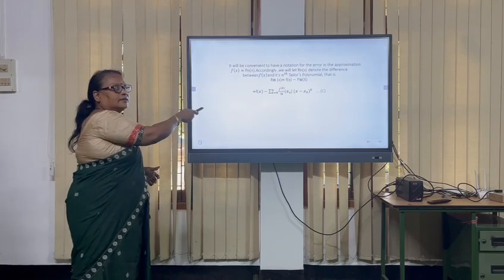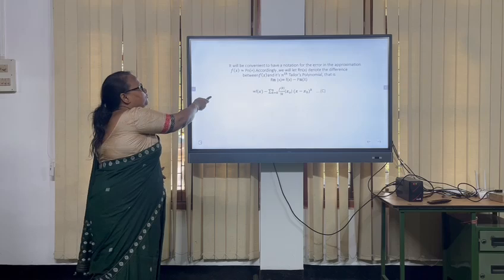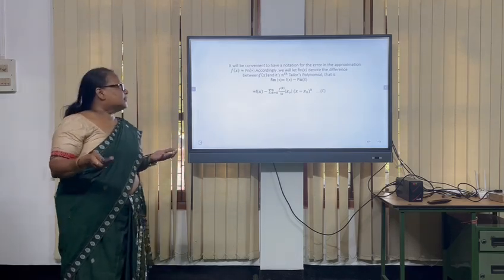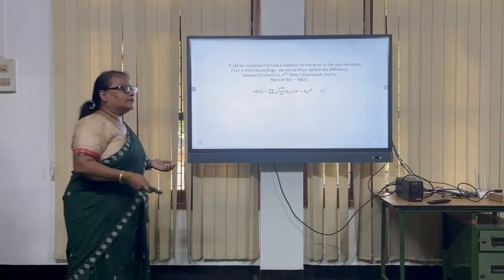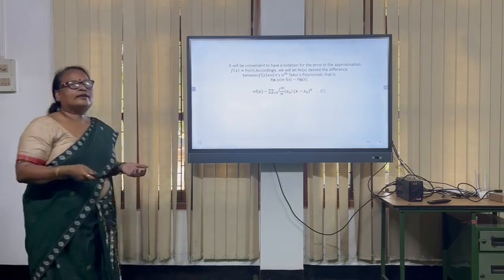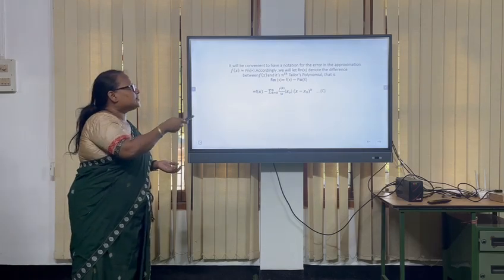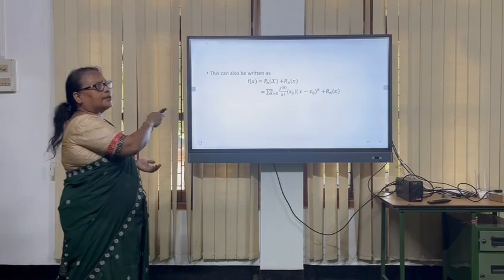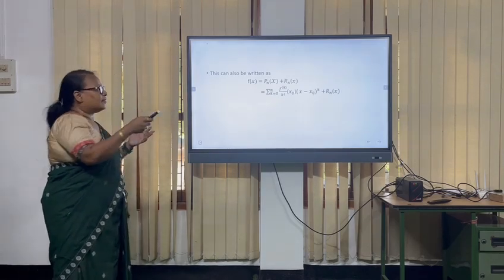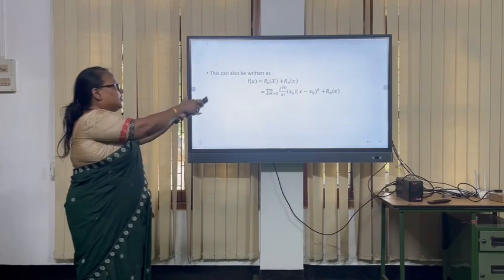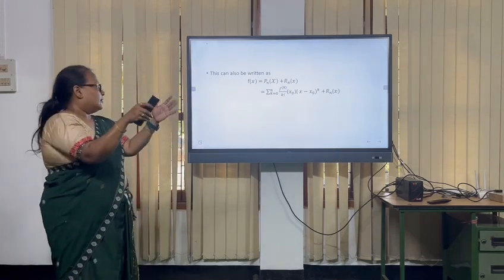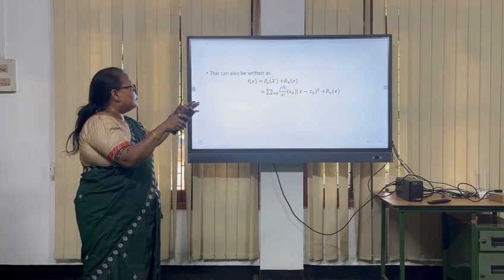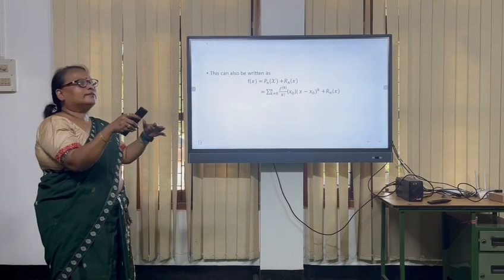And after that, in our second step, P n of x, the nth Taylor polynomial, is nothing but the sum of k goes from 0 to n, f to the power k at x naught divided by k factorial, into x minus x naught whole to the power k. And this can be written in this way: f(x) is equal to P n of x plus R n of x. With the nth Taylor polynomial, we have to add the remainder term.